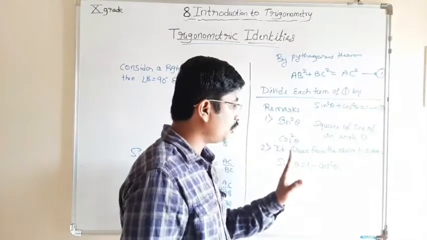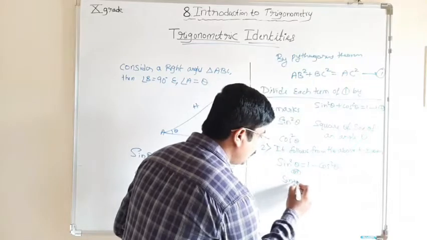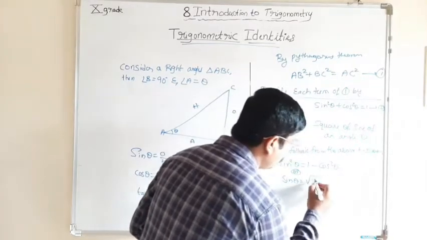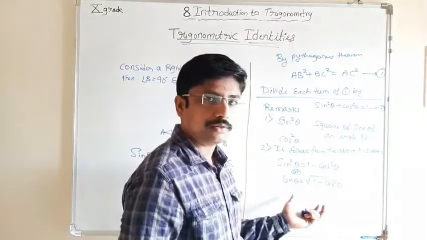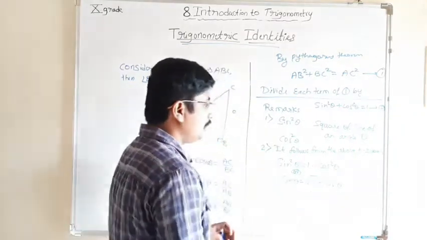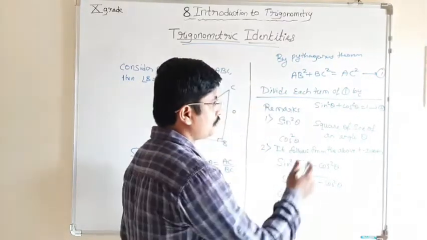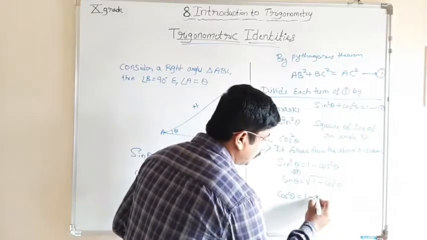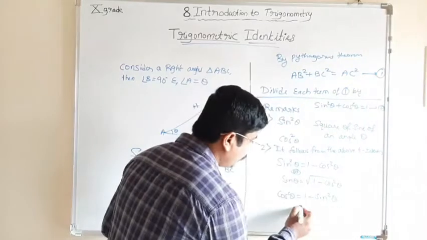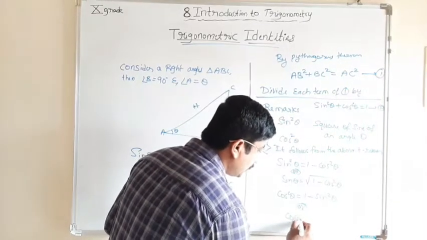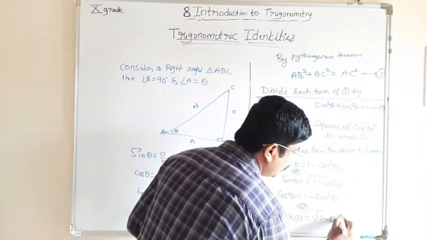Here sin square theta is equals to 1 minus cos square theta, or sin theta is equals to under root 1 minus cos square theta. We considered here positive sign. Next, cos square theta is equals to 1 minus sin square theta, or cos theta is equals to under root 1 minus sin square theta.